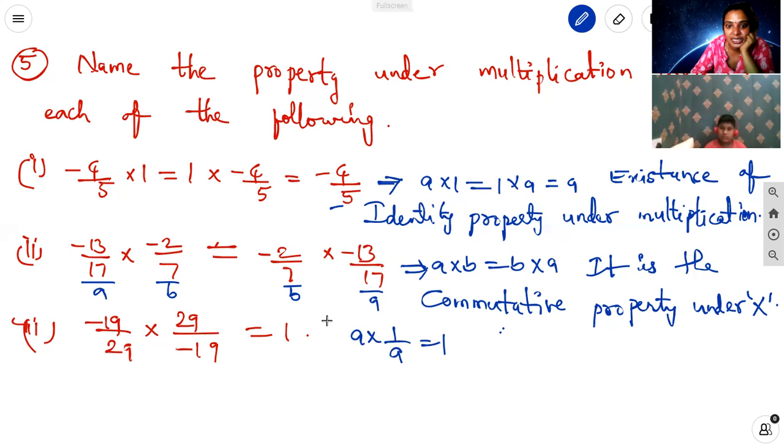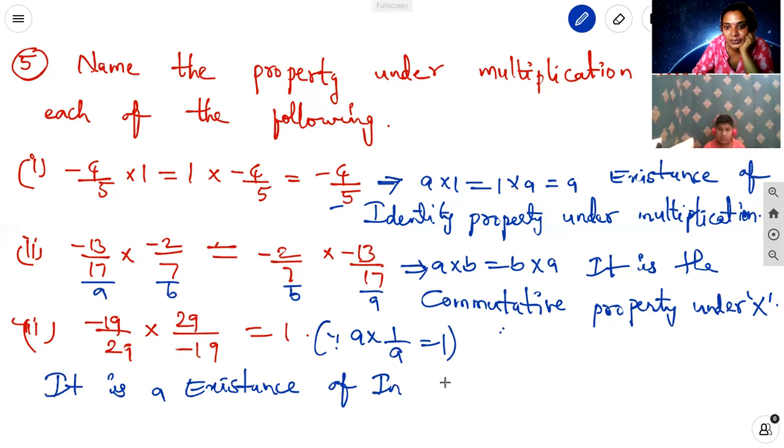It is clearly the existence of inverse property under multiplication.